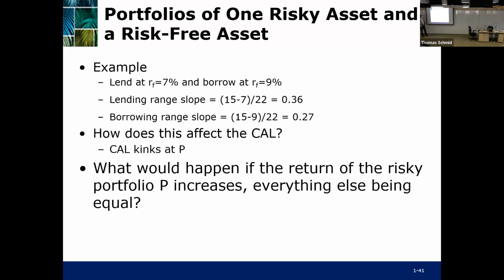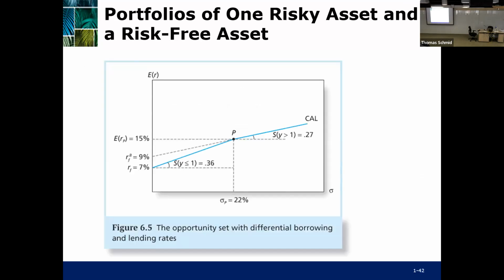It's not super complex. If lending rate and borrowing rate differ, then we have two different slopes of the capital allocation line, because the risk premium, which is the expected return of the risky asset minus the risk-free rate, that will differ to the left and to the right of P, and we will have a kinked line, something like this.